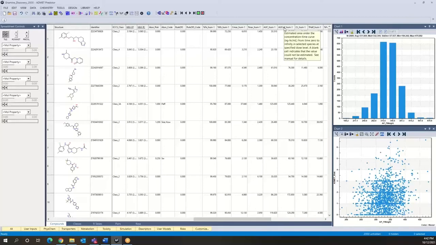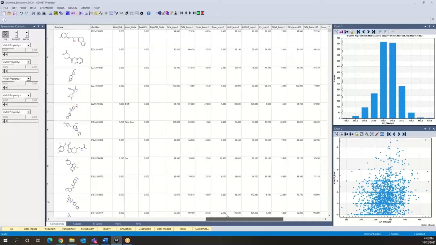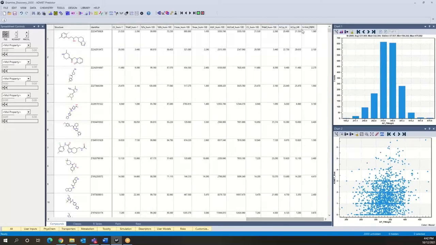where INF stands for infinity, the AUC from 0 to infinity. And then we have the estimated total clearance, and at the end here we also have the individual clearance terms. We have T1/2, the estimated half-life for the compound, and we also have the human volume of distribution that is used in the simulation.